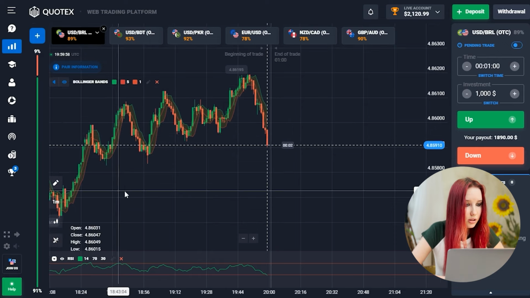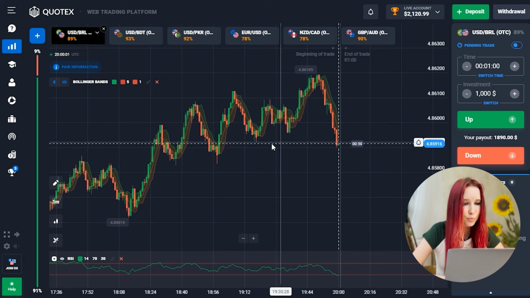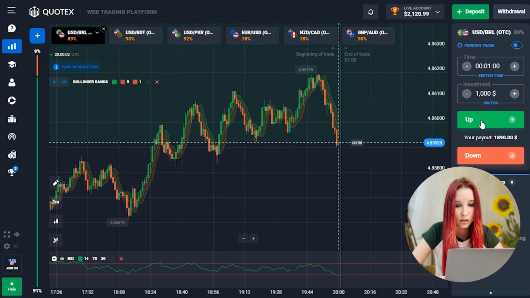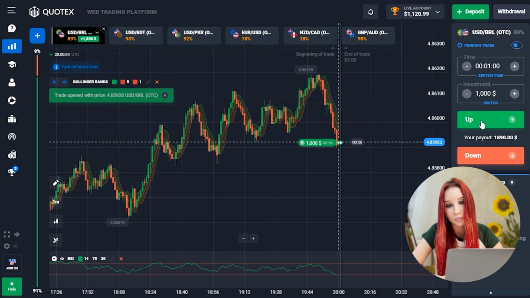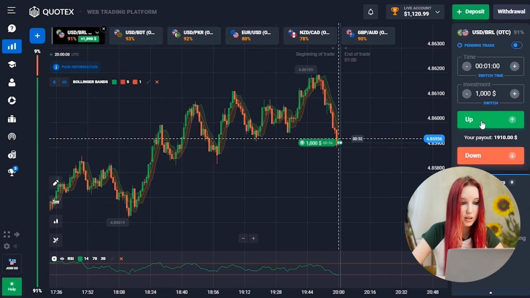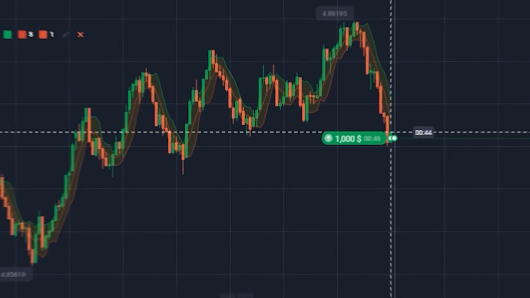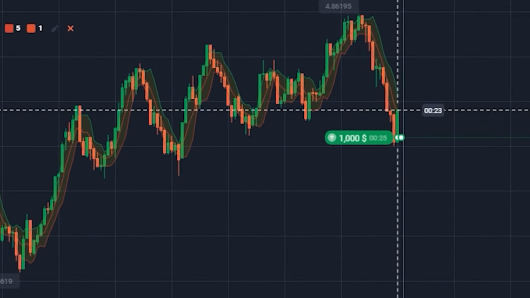Well, in general, this is a local uptrend, and if we draw this imaginary line of our uptrend, then we'll see that the price is just meeting this level. So I open another position with $1,000, and we see that I know in advance what payments I will receive.